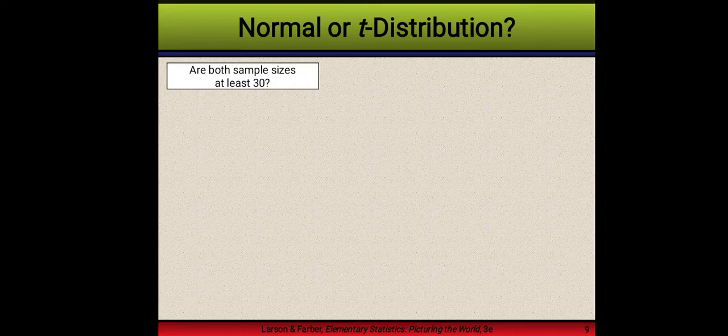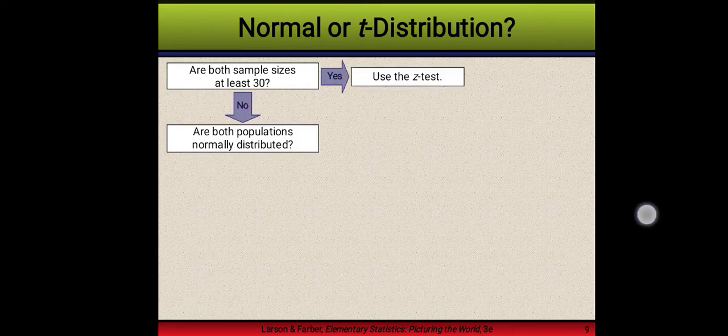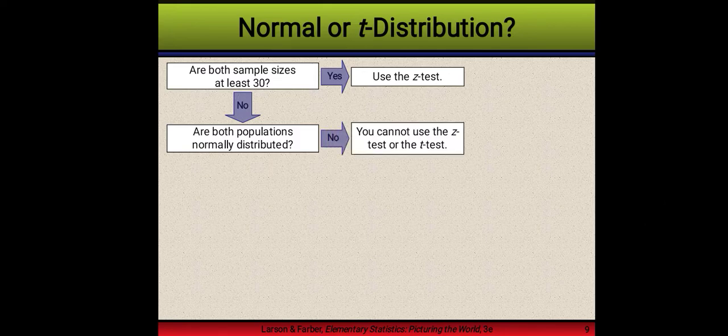We have to determine or identify, are both sample sizes at least 30? If yes, use the z-test, and if no, are both populations normally distributed? If no, you cannot use the z-test or the t-test.